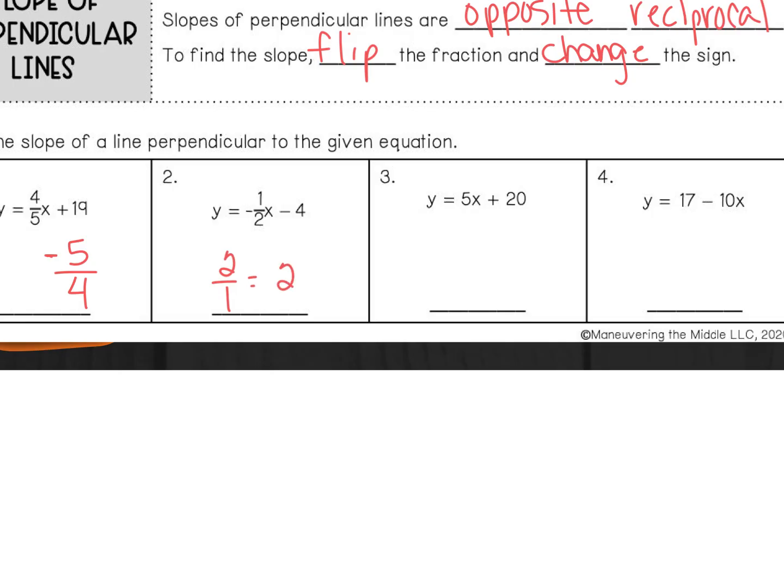Be careful on number 3. What is my slope on number 3? Negative 1/5. So we flip it to 5 over 1, and make it positive 5 over 1. Be careful on number 4. Positive 1 over 10. Remember, if you have a whole number, you can put a 1 underneath it, and then you're going to flip it.